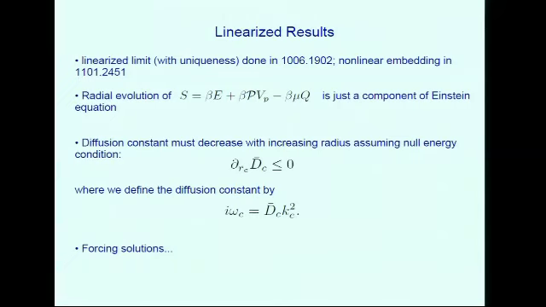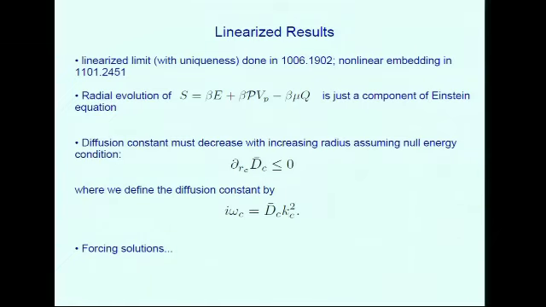Okay, there's a few things that I wanted to point out from our linearized work. As I mentioned earlier, our first paper talks about just the linearized limit and discusses that this is the unique setup with our boundary conditions that you can get there. And then we do the nonlinear embedding in the second paper.